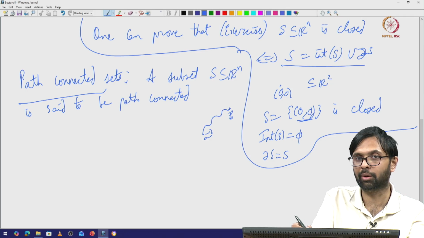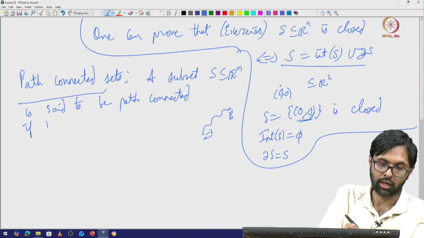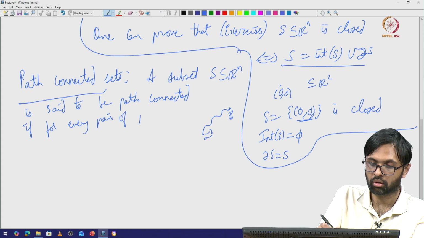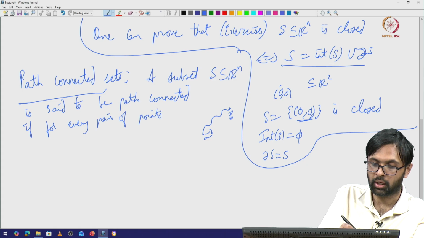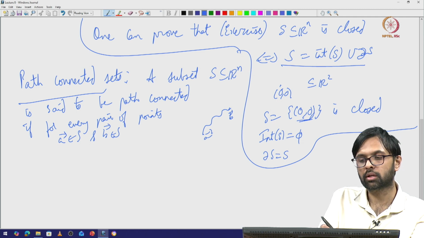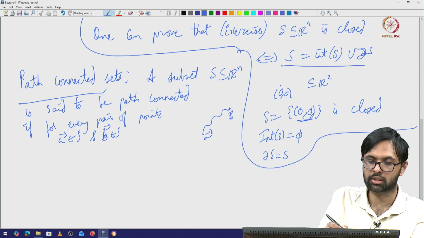That is, you don't have to go outside the set, right? So how do you make it rigorous? If for any two points, every pair of points A in S and B in S, so I will put the vector sign most of the times, but if I don't put the vector symbol, it's understood from the context.